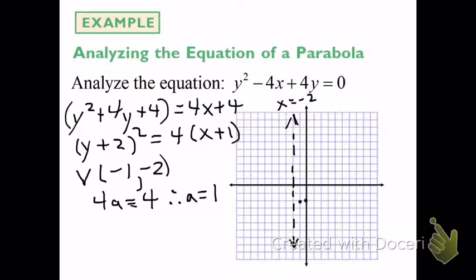We need some more points on the parabola, so we're going to set that up with our latus rectum again. So therefore plus or minus 2a is going to be plus or minus 2, because a is equal to 1. So we're going to go 2 up from the focus to get to the parabola on the latus rectum, going to be at the origin, and then 2 down from the focus, which is going to be here on the y-axis.